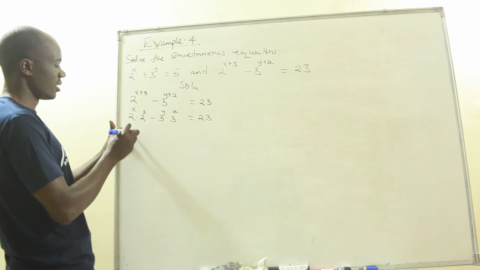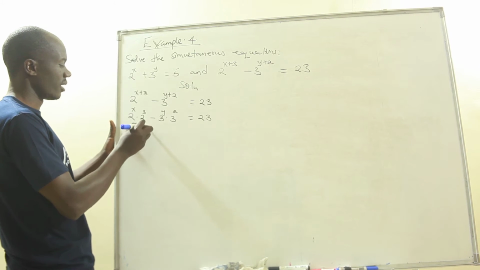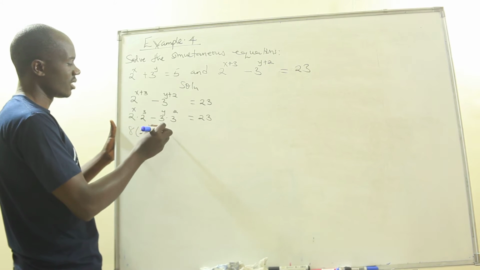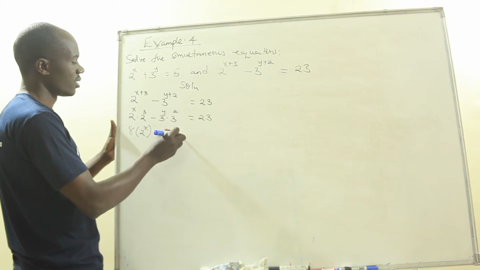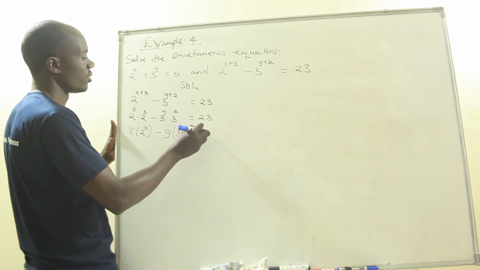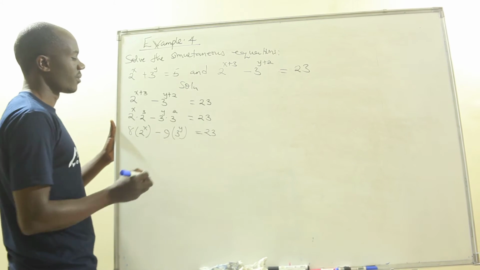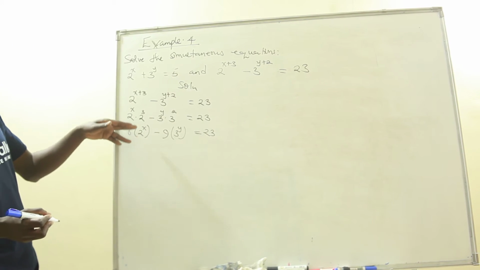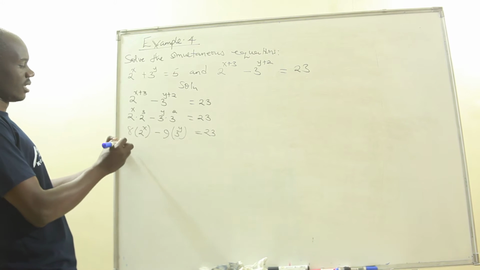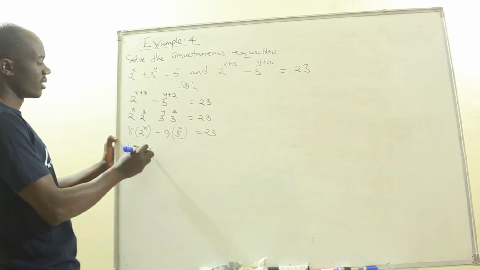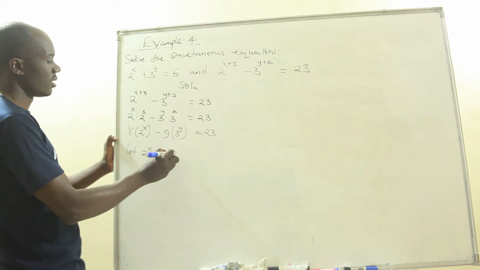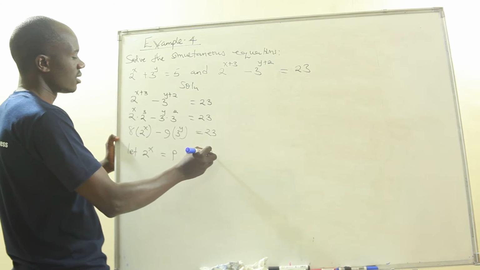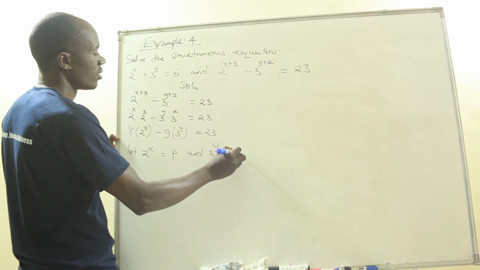So this is the same as 8 into 2 power x minus 9 into 3 power y equals 23. You can see now 2 power x is common. You can start by saying let 2 power x equals p and 3 power y equals r.